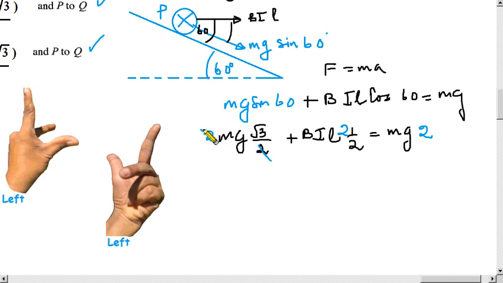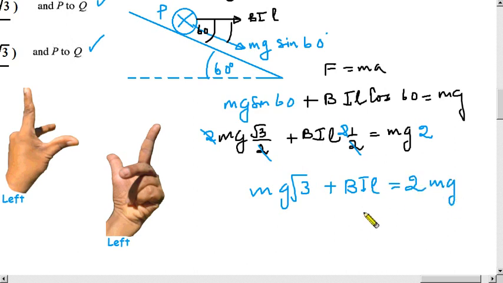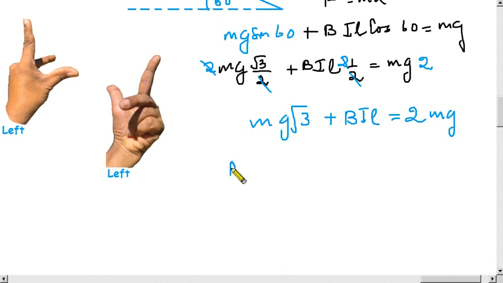Then cancel. Mg root 3 alone here plus BIL alone here equals 2 times mg. Then BIL equals 2 times mg minus root 3 times mg.